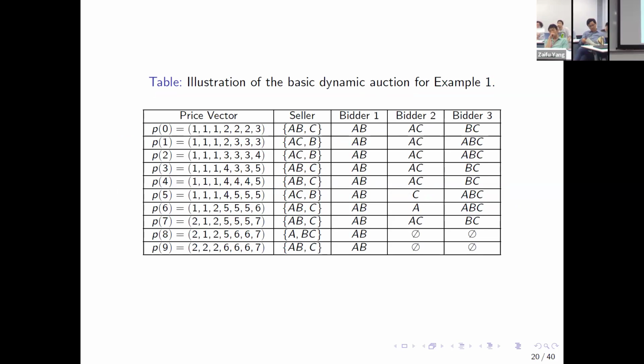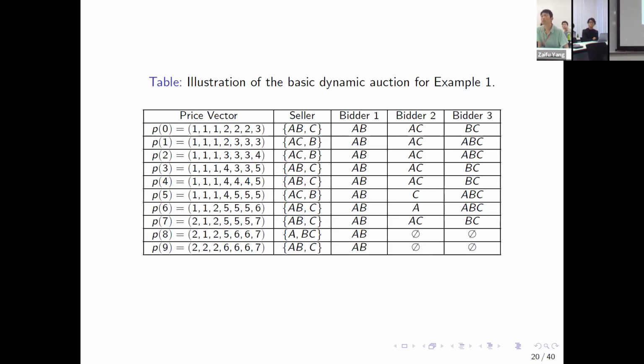For the seller, what is the best combination or best partition of the goods so that she can have the highest revenue? So A, B, C is one of the optimal choices. Now look here.